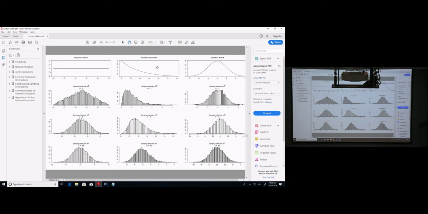But here, in the middle one, the underlying population is very skewed. It's not even symmetric, so far away from being symmetric. You will see the first thing it wants to do, as your sample size keeps increasing, is to correct the skewness.